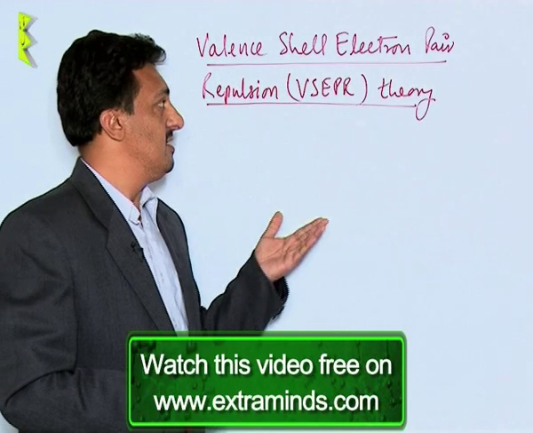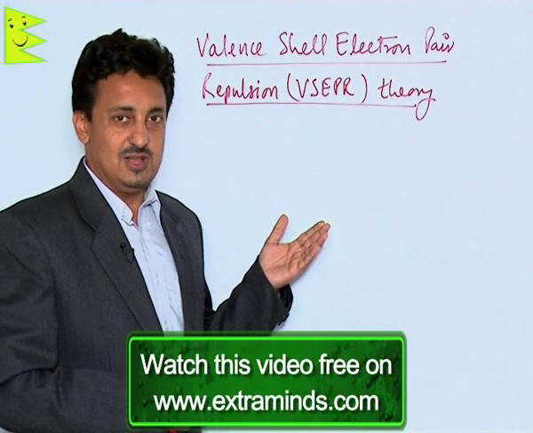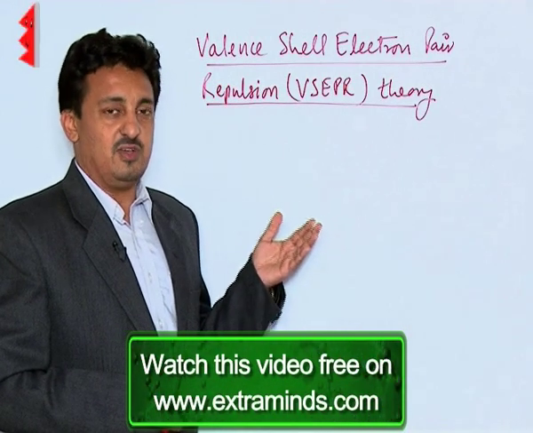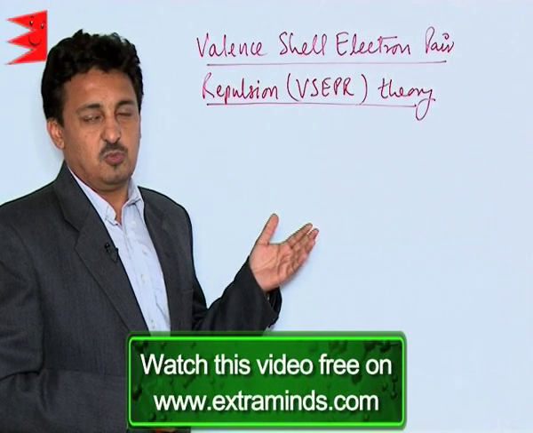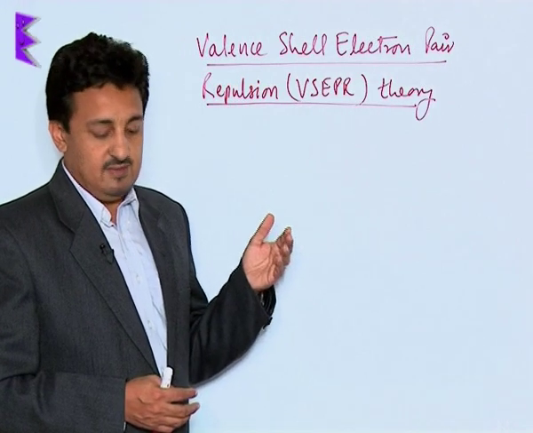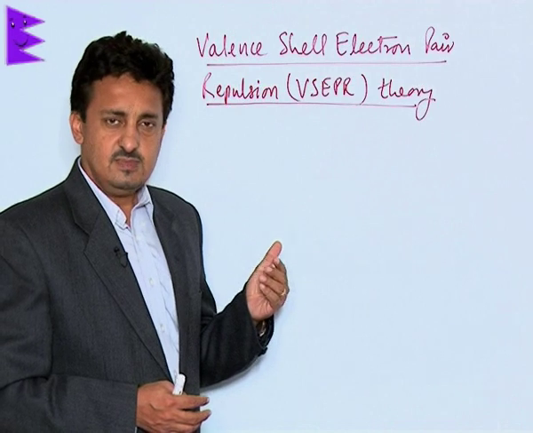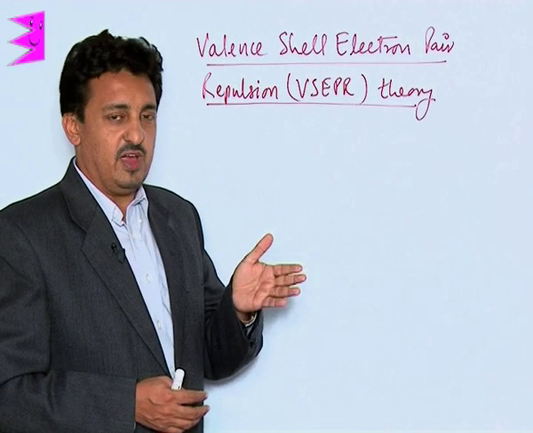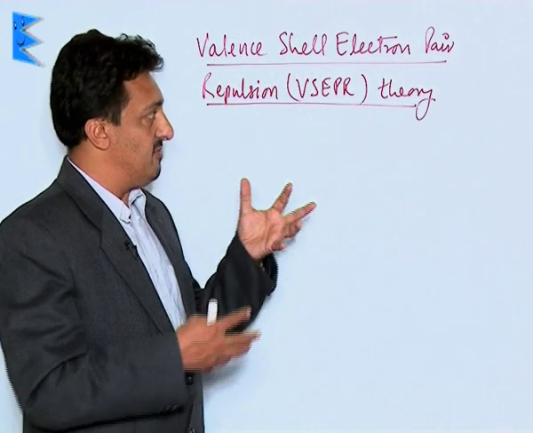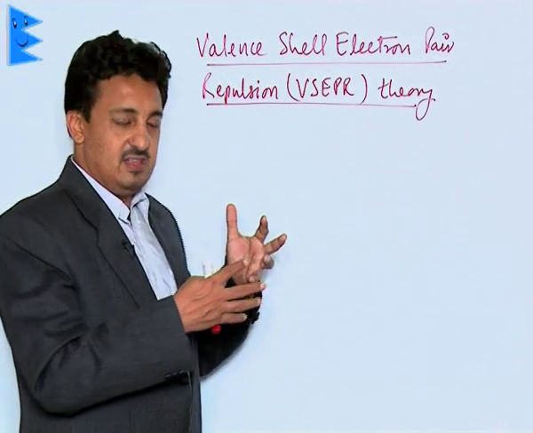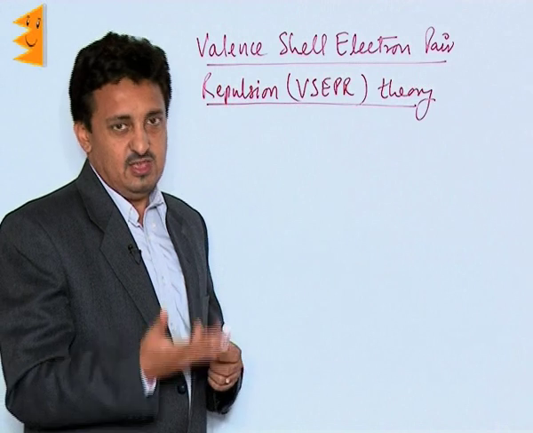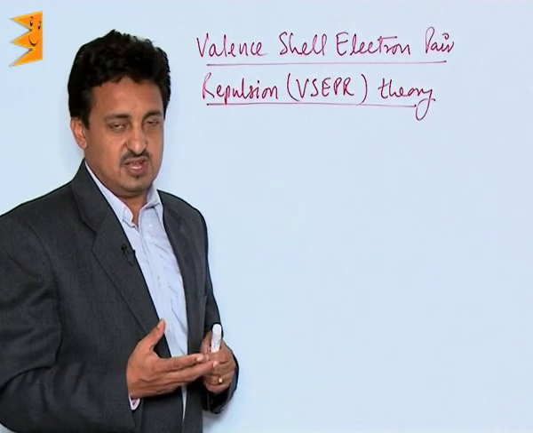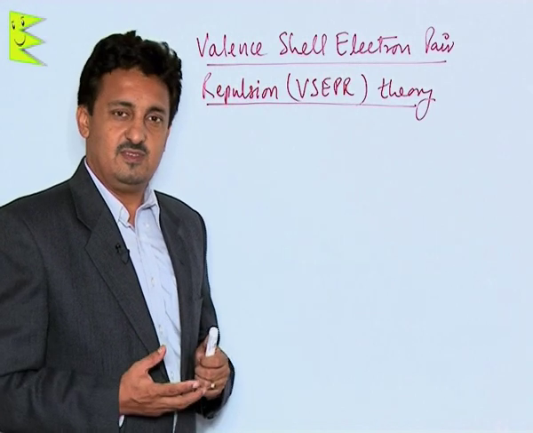So we move to the valence shell electron pair repulsion theory, which was actually given by Powell and Sidgwick in around 1940. This was later on much more modified by Gillespie, and that's why this is regarded as one of the best theories to explain the geometry or the structures or shapes of the molecular species.